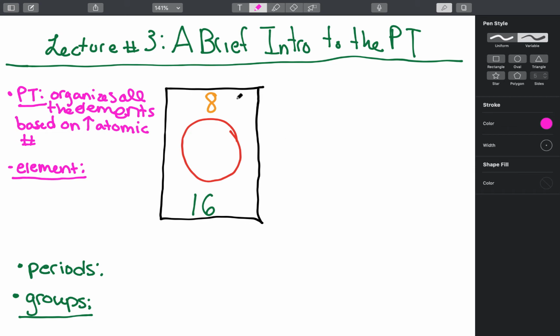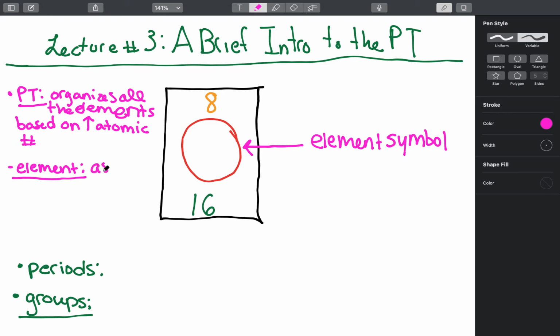So they're displayed in these little boxes in the periodic table, and we're going to quickly go over what each of these things means. So the first thing is the big letter in the middle. This big letter in the middle is referred to as the element symbol. So what is an element?